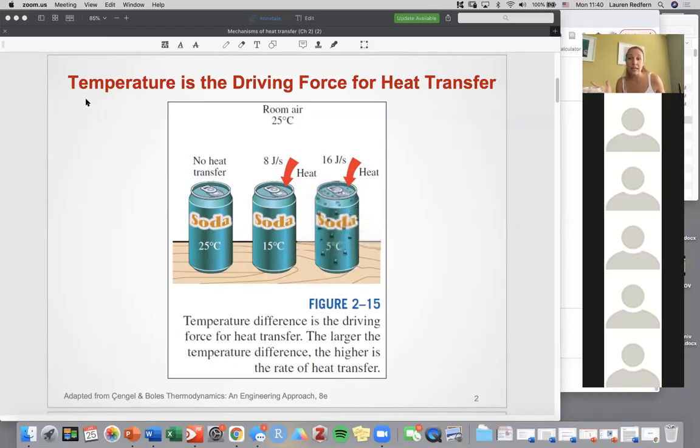Similarly, if this were hot tea, I would be losing heat to the surrounding air, and the air would get a little bit warmer and my tea would get a little bit cooler, and they would meet in the middle. So if you are gaining energy from heat transfer or losing energy from heat transfer, that determines if you're positive or negative. And heat transfer is entirely based on temperature difference.